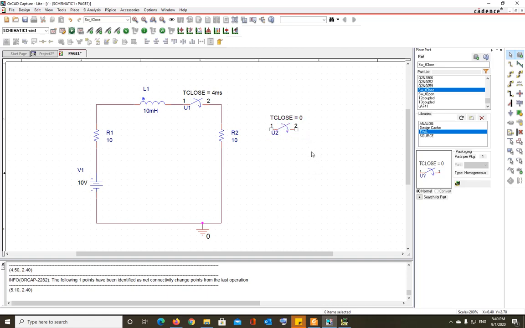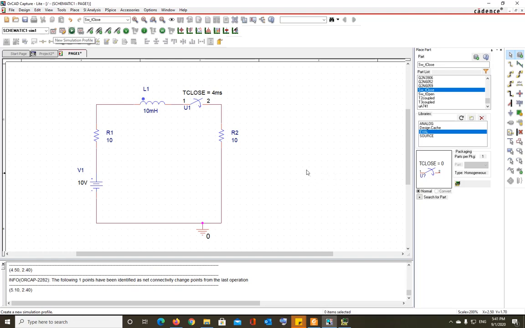If you want to change the value to any value that you want, like I did, 4 millisecond, then you can click on that and change the value. Likewise, you have switch open. Switch open basically is going to open the switch instead of closing it. But the effect is the same: it's going to open at a specific time, so it's going to disconnect that part of the circuit where the switch is connected.